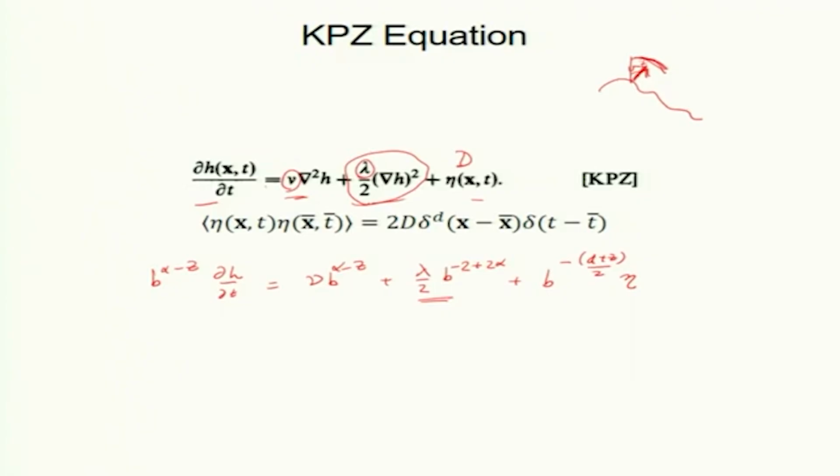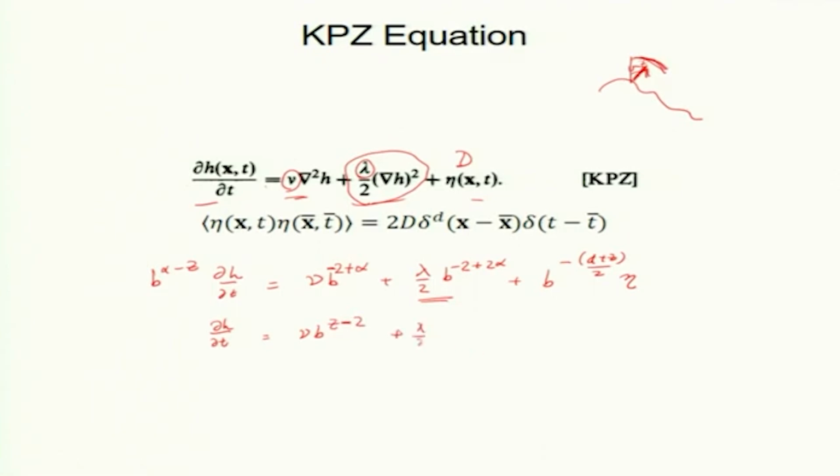If I keep lambda the same, not change it, then what do I get? Nu b to the power, sorry, this is 2 minus z, not alpha minus z. Grad will give me minus 2, and h gives alpha, so minus 2 plus alpha. The alphas cancel and I get z minus 2, as we did before.